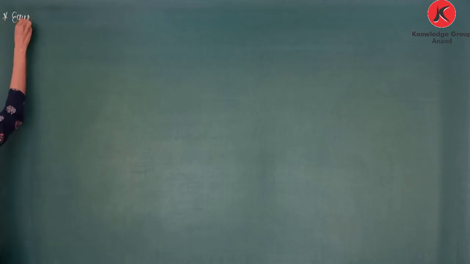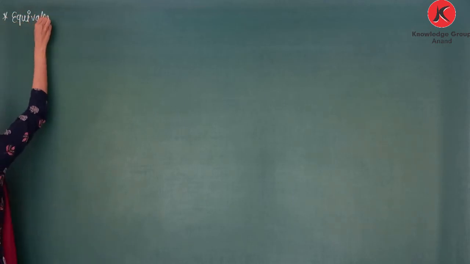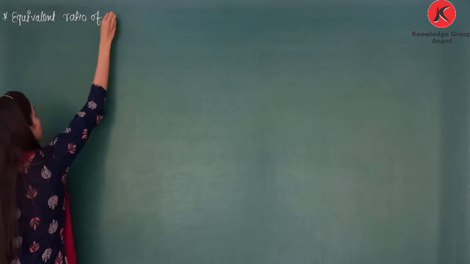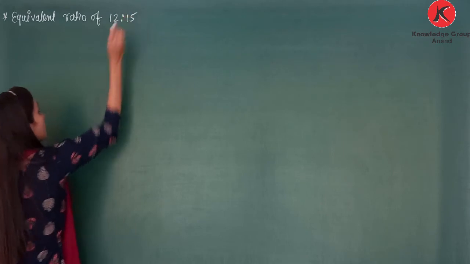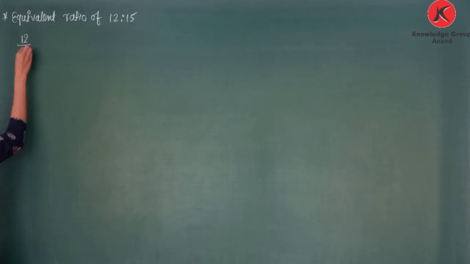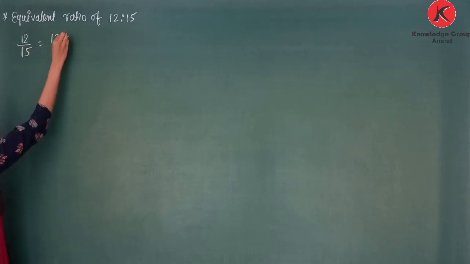Now after that, the question may be asked to find the equivalent ratio. So what is an equivalent ratio? It is the same as an equivalent fraction. If it is 12 to 15, you can find the equivalent ratio by multiplying or dividing with the same number. Let's divide with 3 because it is divisible by 3.